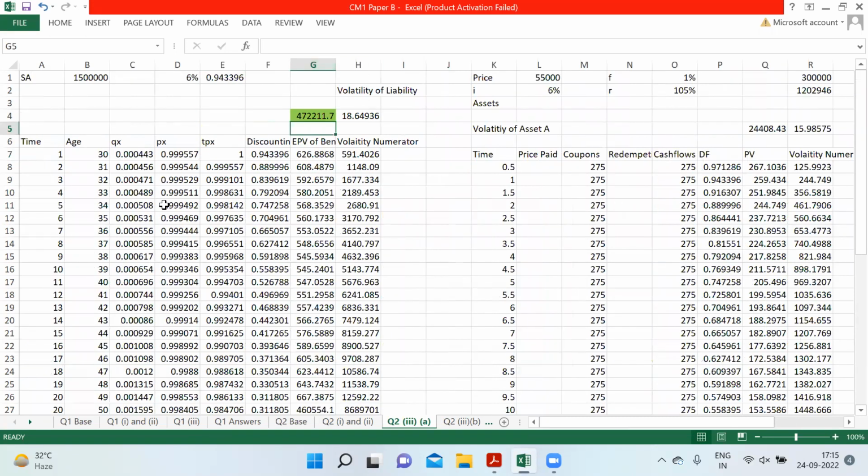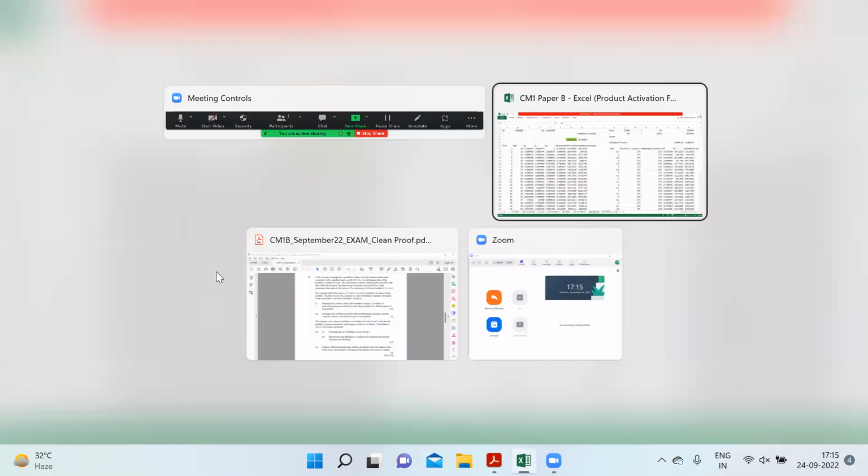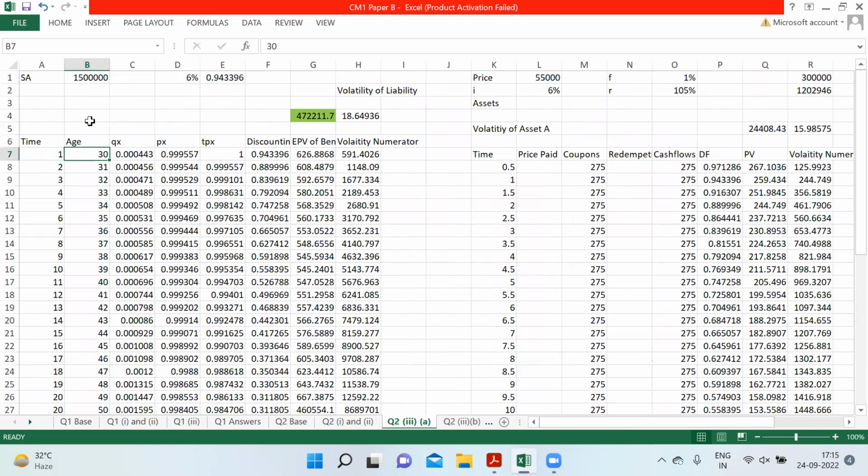I've done it all together. So here, in time, year over year, I've taken out all this sum assured. This is i 6% and so on. Age is given, qx is given to us, so we can just use VLOOKUP to get the qx. 1 minus qx is px. tpx again starts from 1 and the next value will be this into this. Discounting value will be v to the power time.